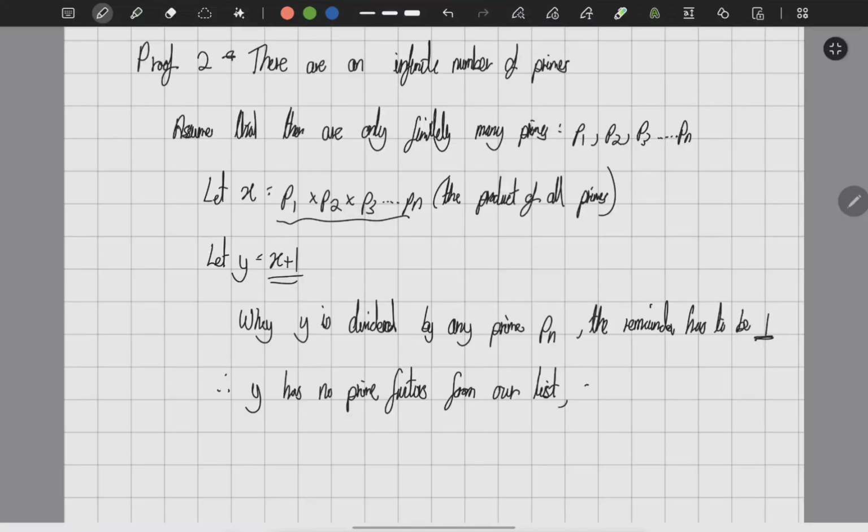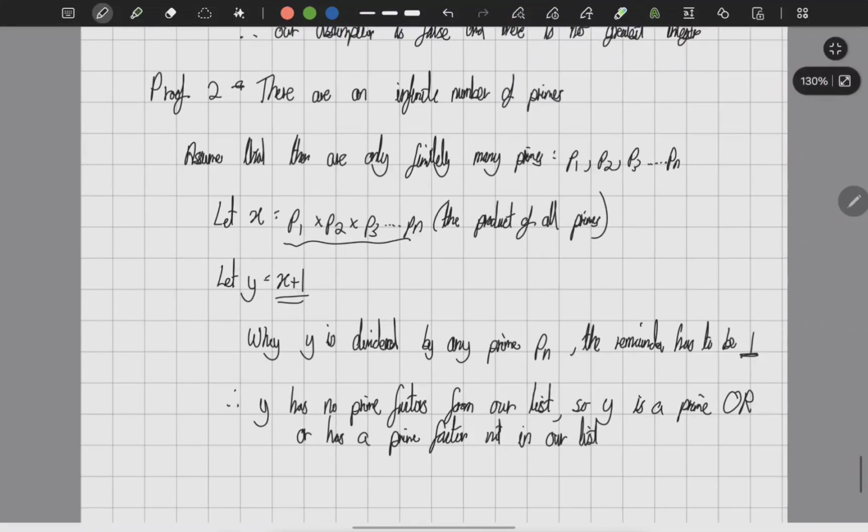So this could mean that y is a prime, or there's another possibility that it has a prime factor, but it's not in our list.